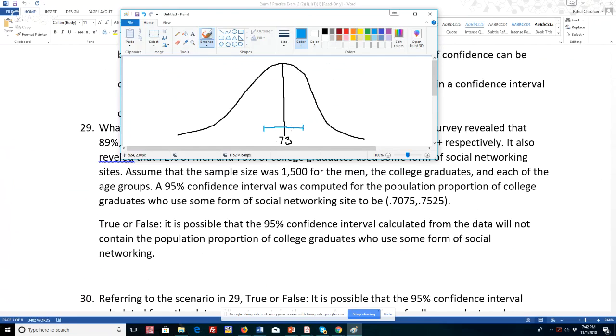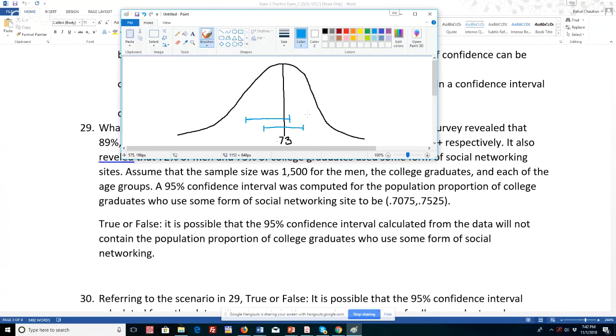Now, if we were to take another sample and say it comes out to be 0.71, I can create a confidence interval. Remember, that confidence interval is based upon your confidence level as well as your standard error. You can create a confidence interval, and hopefully the true population parameter is caught in this confidence interval.